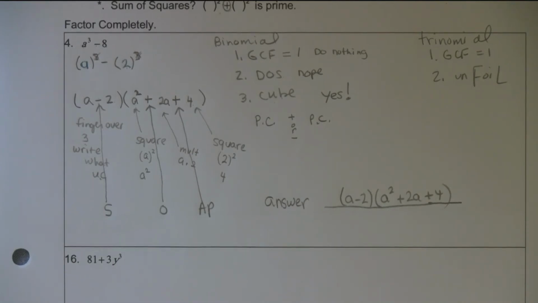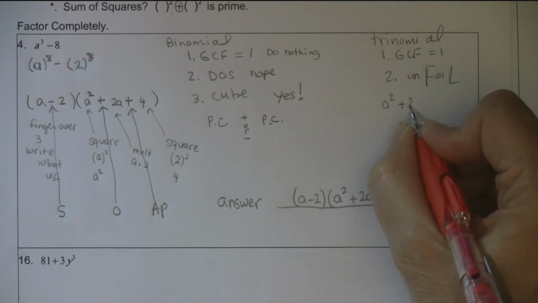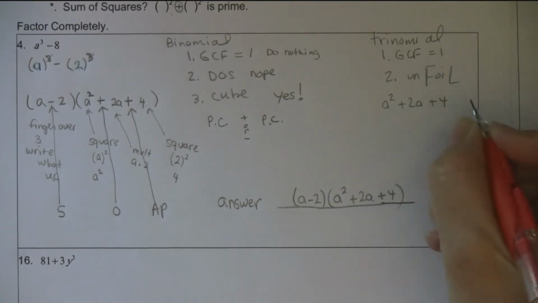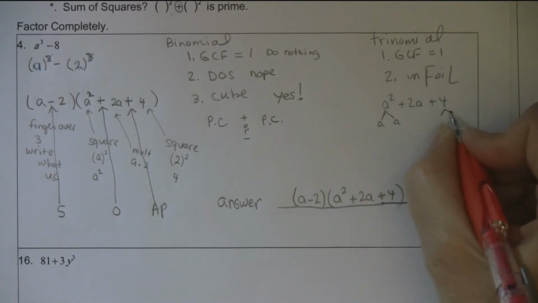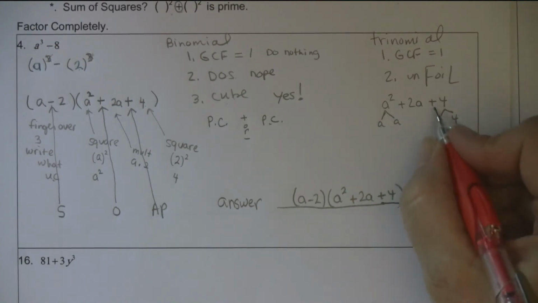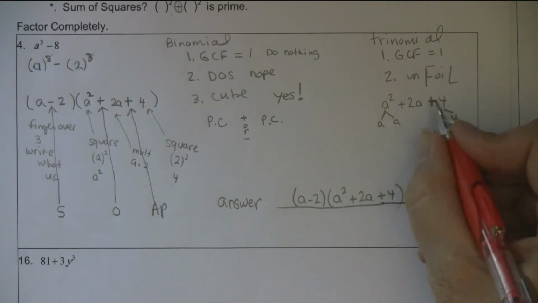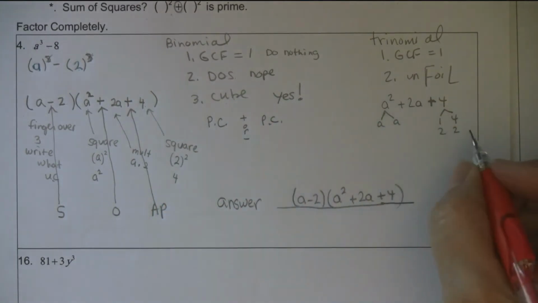So I'm looking at that trinomial to see if it will factor, a squared plus 2a plus 4. Will it work? Well, I can certainly do a times a. And for 4, that's 1 times 4 and 2 times 2. And it says add them, and it will always be add because, remember, the formula is always positive.